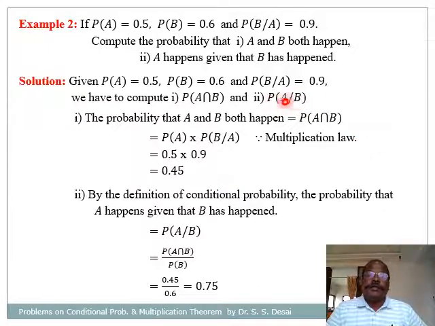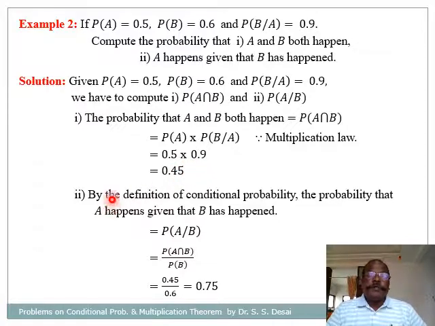So for the first bit, the probability that A and B both will happen is equal to probability of A intersection B, and by the multiplication law, this becomes probability of A into probability of B given A. Probability of A is given to be 0.5, probability of B given A is given to be 0.9, and the multiplication of these two is 0.45.